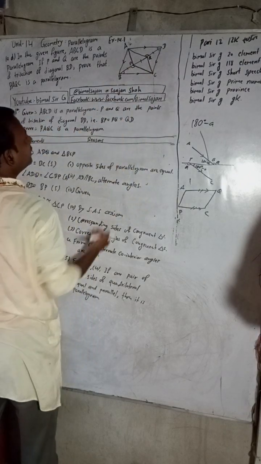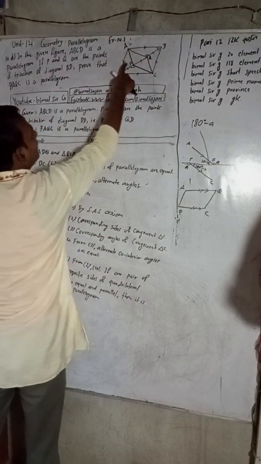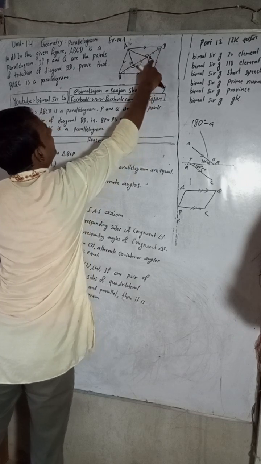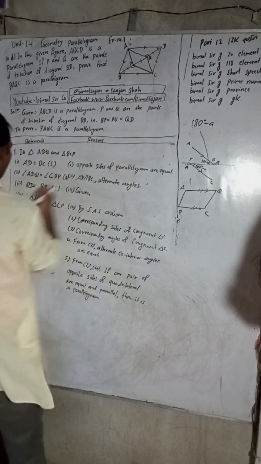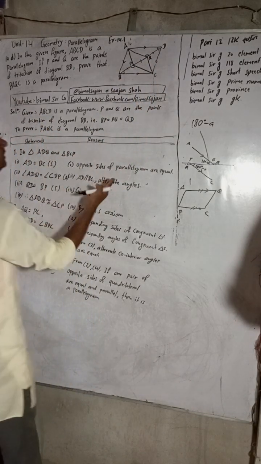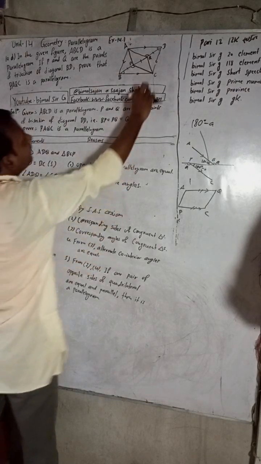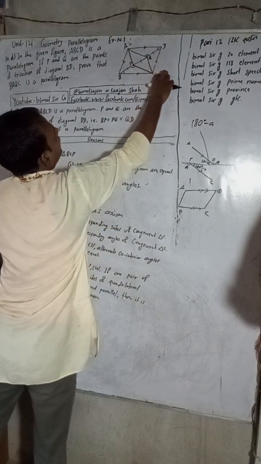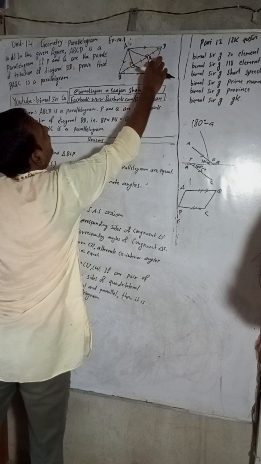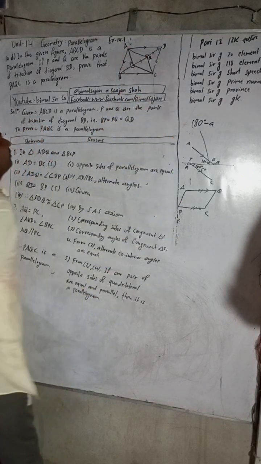So this triangle and this triangle are congruent. Then you can take corresponding sides and angles, and prove that QC is equal to AP and QC is parallel to AP.